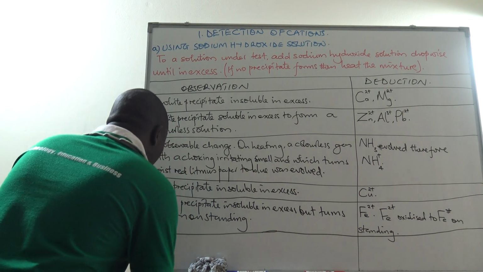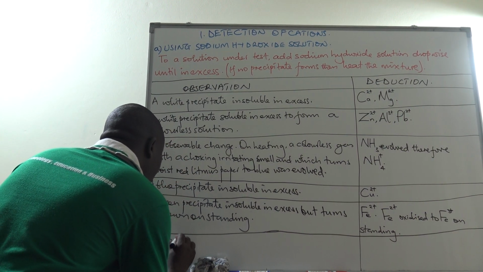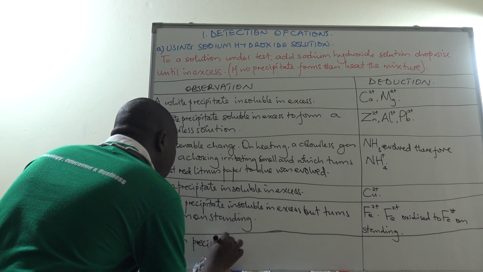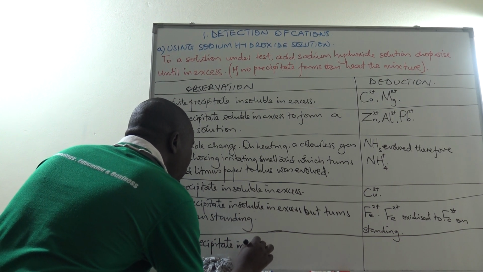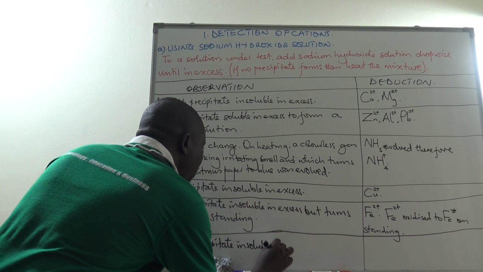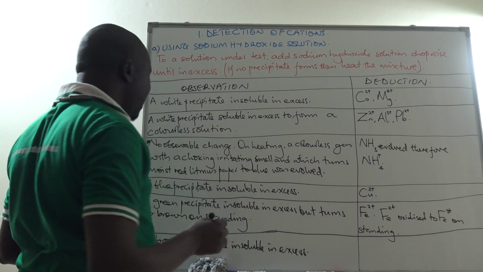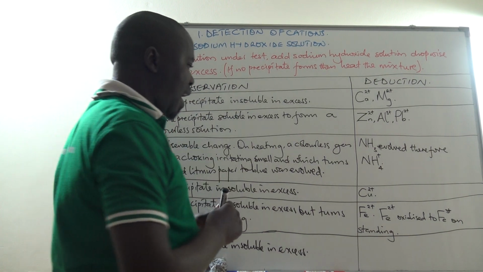Finally, we may also have a brown precipitate insoluble, one word, insoluble in excess. So brown is a characteristic color of iron 3 ion.